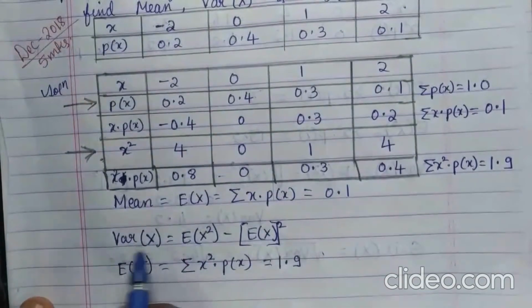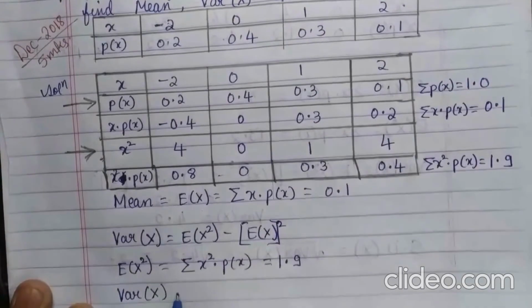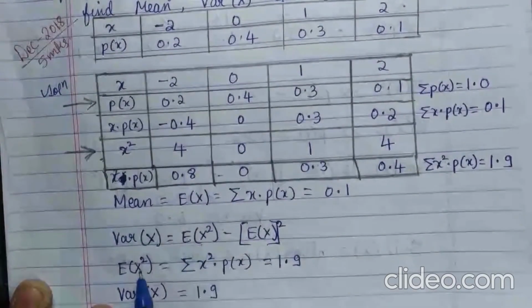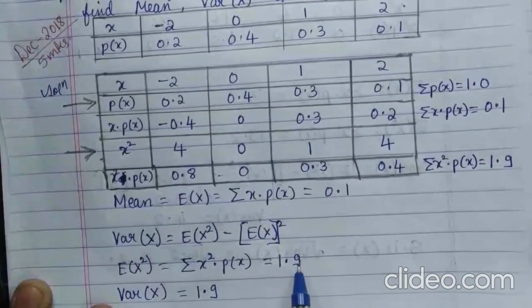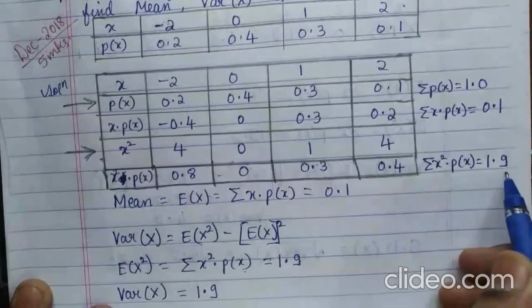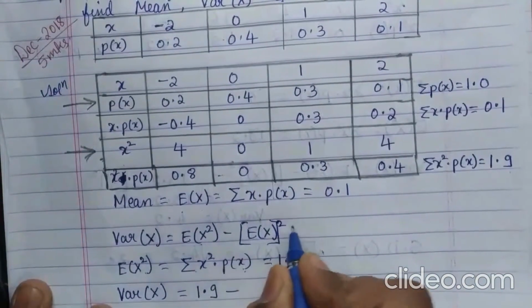Okay, now we'll substitute it in this formula. So variance of x is equal to e of x square, which is 1.9. Here we have found out e of x square is 1.9. This has come from e of x square is summation x square p of x. So it is 1.9 minus e of x the whole square.